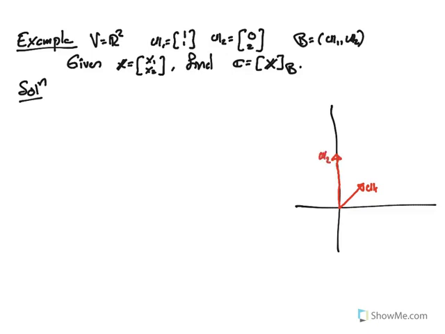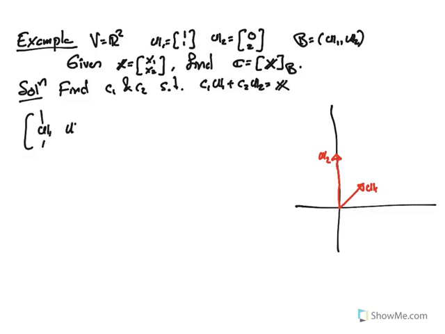Now I want to find C1 and C2 such that C1 U1 plus C2 U2 is equal to X. So this is a linear system that has U1 and U2 as the columns in the coefficient matrix.